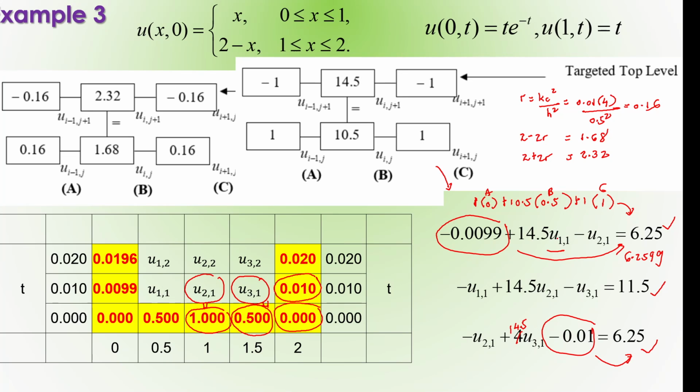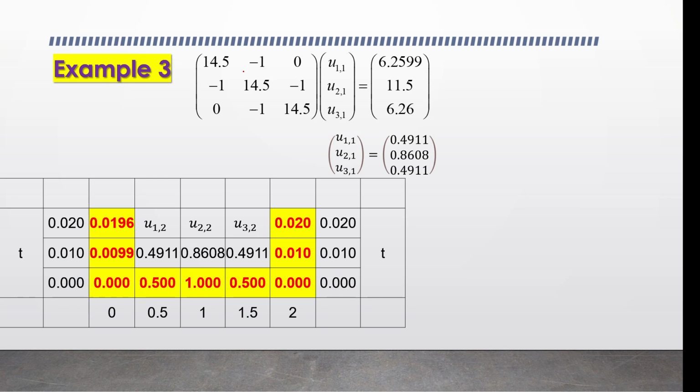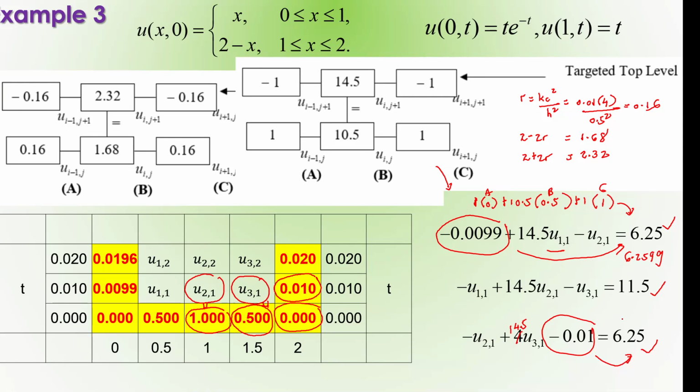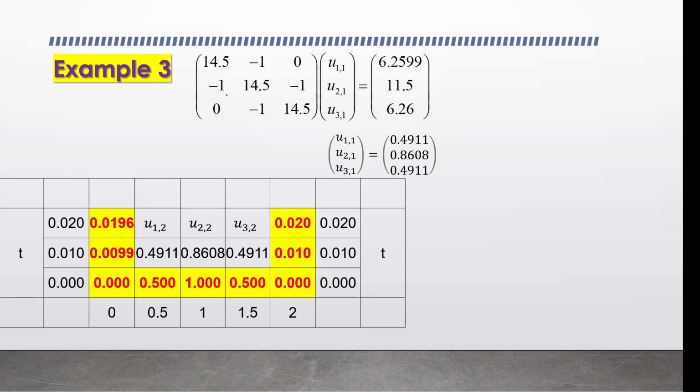The coefficients for U11 is 14.5 and for U21 is negative 1, and you don't have a U31, so the right side is 6.2599. The second equation has coefficients for U11, U21, U31 of negative 1, 14.5, and negative 1, equal to 11.5.